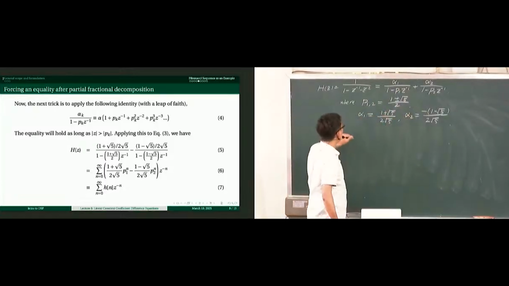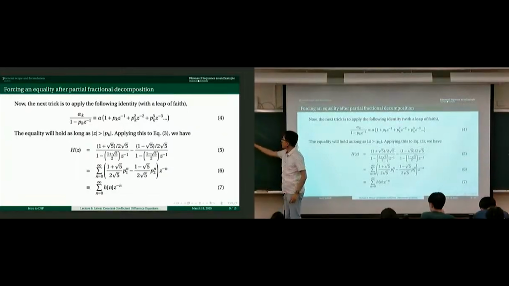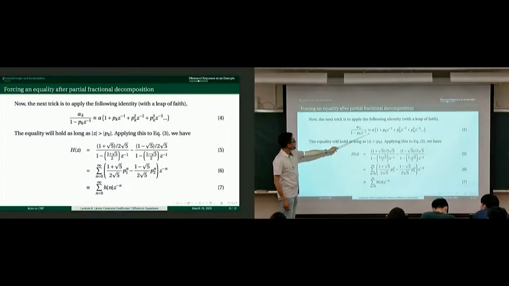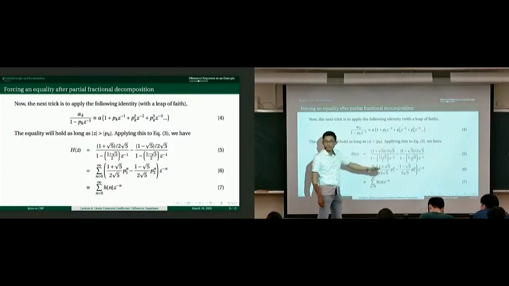The next step is to understand that each of these two factors has the same formulation, only the coefficients are different. But then I suggest we force this with a leap of faith and apply this identity.